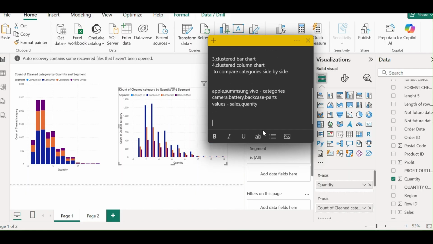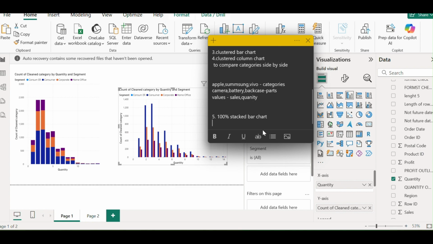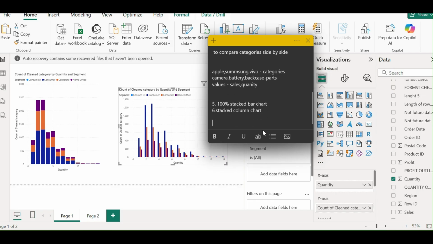Okay, and next one is 100% stacked bar chart. Fifth one. Sixth one is 100% stacked column chart.